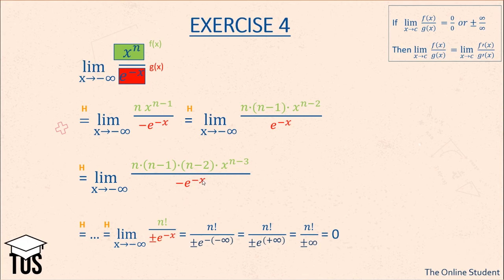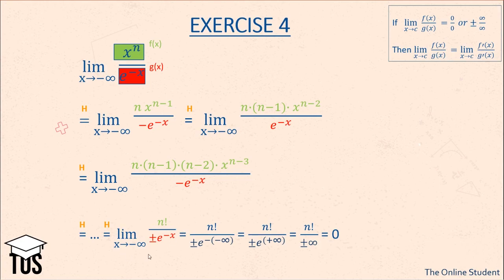Now, the derivative of the denominator is basically always the same, except this minus sign changes. Here it is minus, here it is plus, here it is minus again. So we eventually get the limit as x approaches minus infinity for n factorial divided by either positive or negative e to the power of minus x.